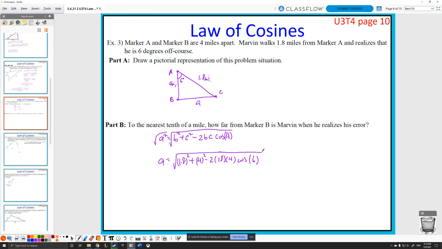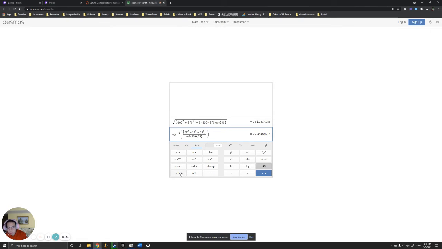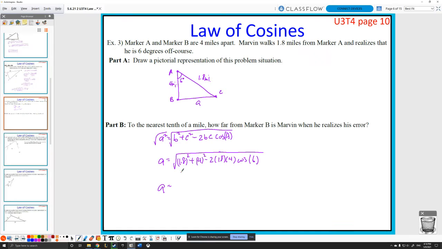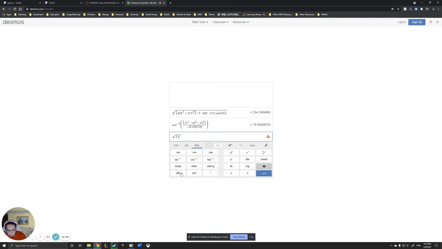Again, just make sure you put it in nice and slow, because it can get a little bit tricky with the number of things you're putting into your calculator all at once here. Square root of 1.8 squared plus 4 squared minus 2 times 1.8 times 4 cosine of 6 degrees.